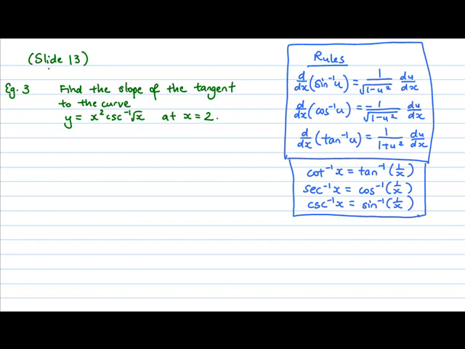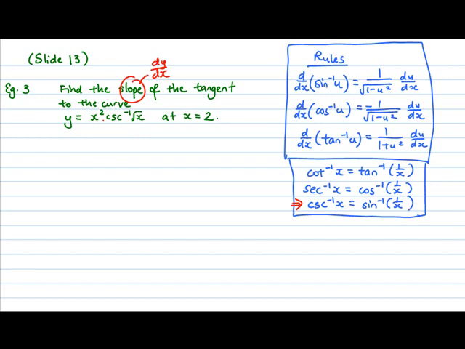The last example is on slide 13. I'm supposed to find the slope, and we know by now slope means to find gradient, which means to differentiate. So I have an expression here which means there's a product rule, and I have a cosecant inverse which I have to differentiate, and I need to use this relationship. After that I change this to sine inverse.